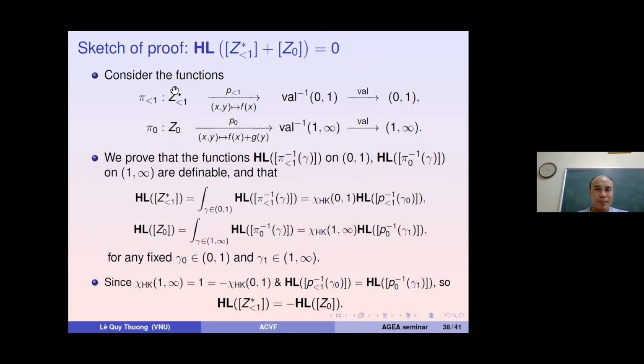So we consider the composition from this to this using the valuation map, and this one is very clear. So we can compute this function.